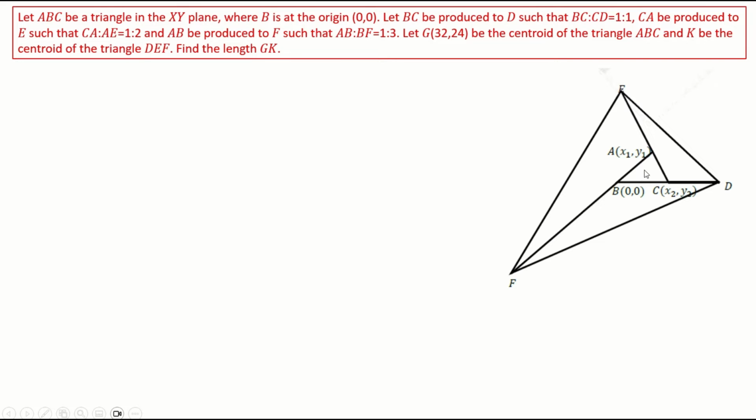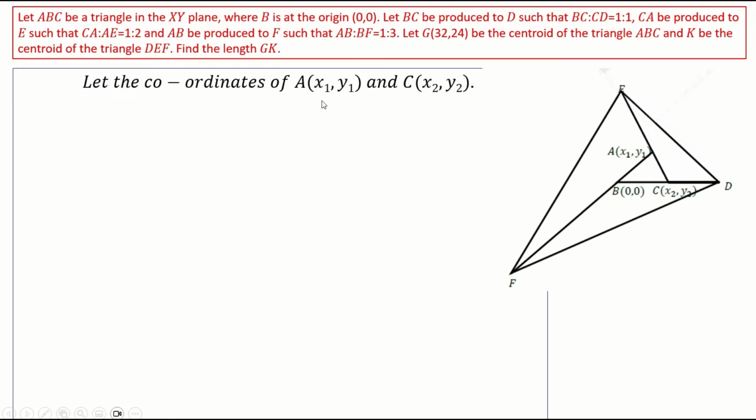G is the centroid of this triangle, K is the centroid of DEF, and we need to find the distance between those two. So this is a coordinate geometry problem. You should know that the centroid of a triangle with coordinates is the sum of x coordinates by 3 and the sum of y coordinates by 3. If you know that, this is an easy problem to solve.